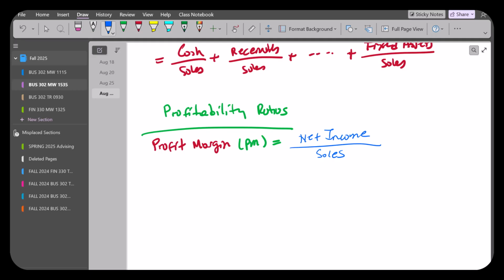Another one is return on assets, which we're going to abbreviate as ROA, and this is net income divided by total assets.